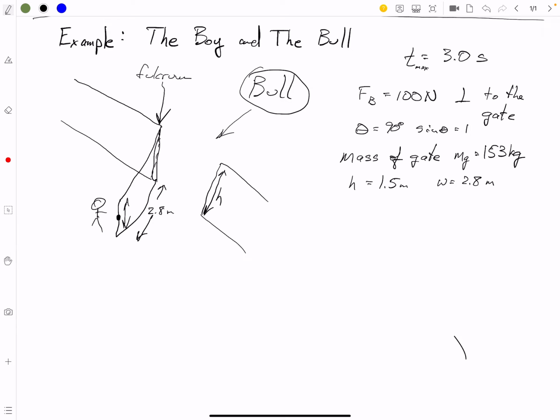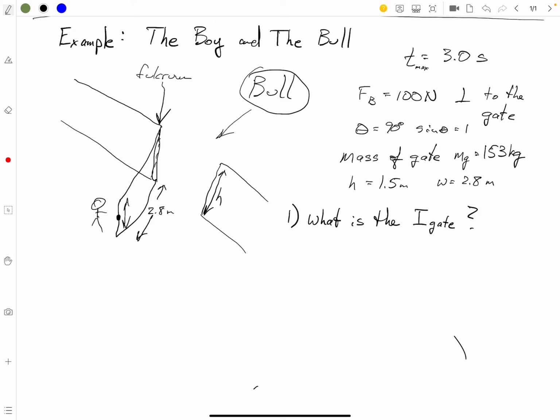First, what is the I for the gate? What is the moment of inertia for the gate? All right, a flat rectangle. So that's our first thing that we want to know.